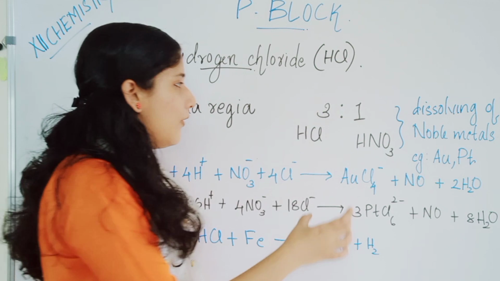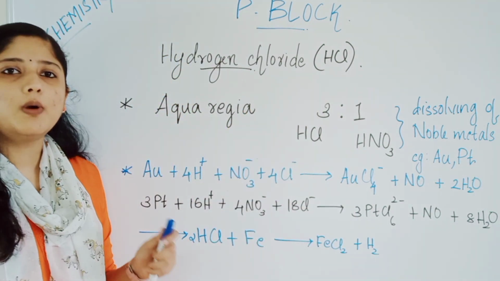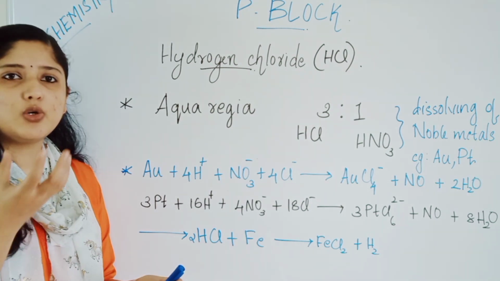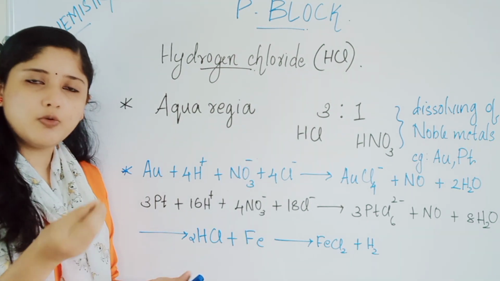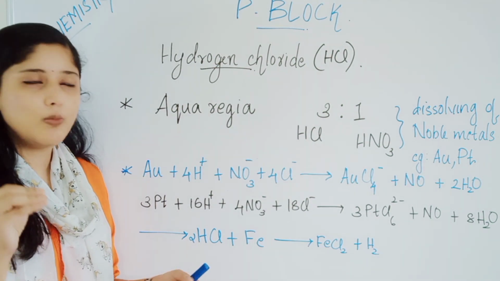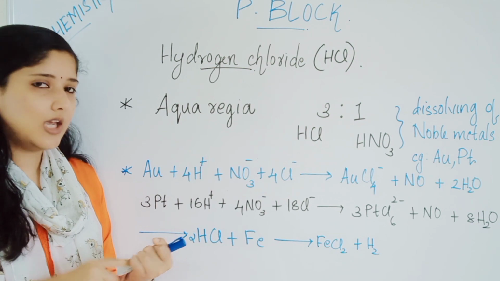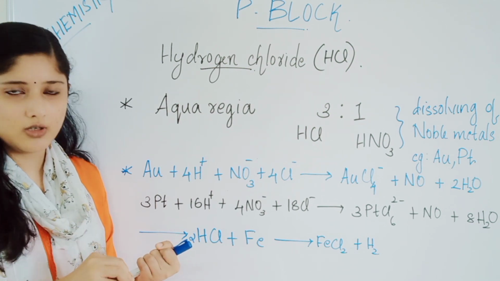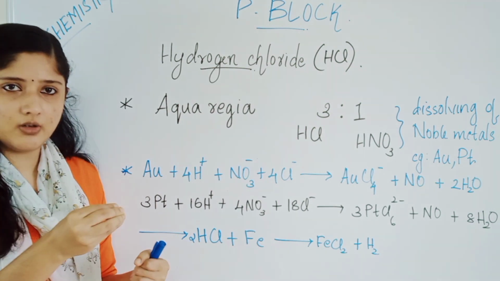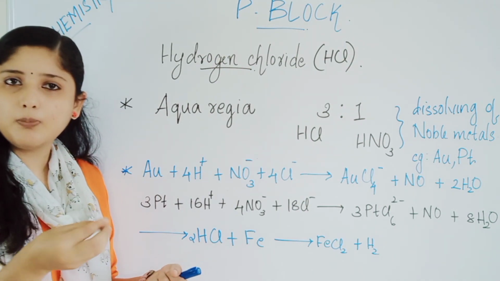What is aqua regia used for? It is used for dissolving noble metals. If you need to prepare a metal solution, you can use aqua regia. Noble metals are gold, platinum, etc. If you need to prepare a gold solution, you take gold metal, such as gold ornaments, put it in aqua regia solution and keep it for some time.